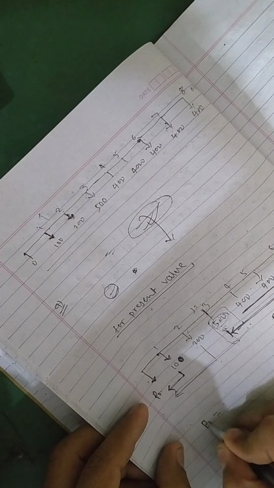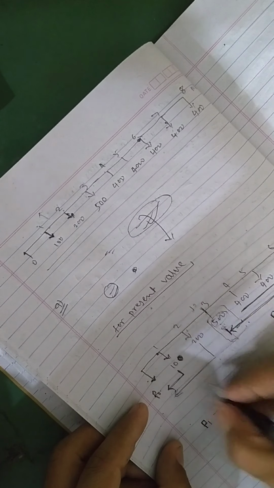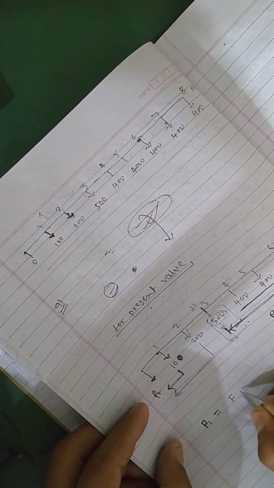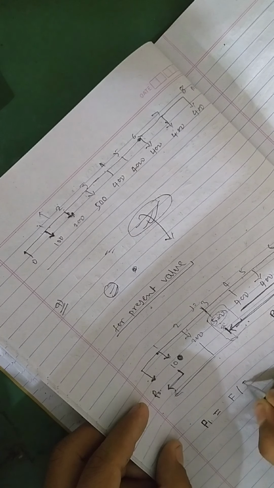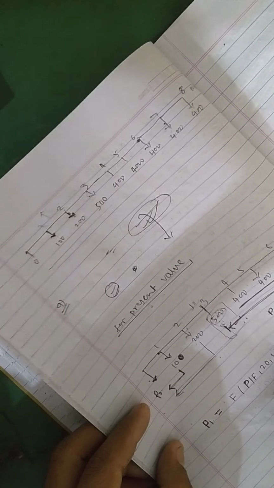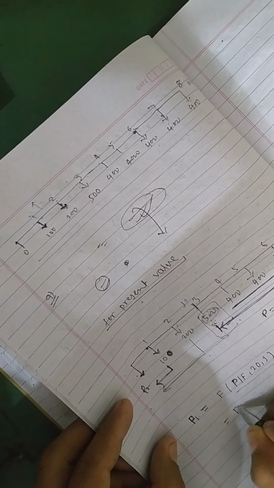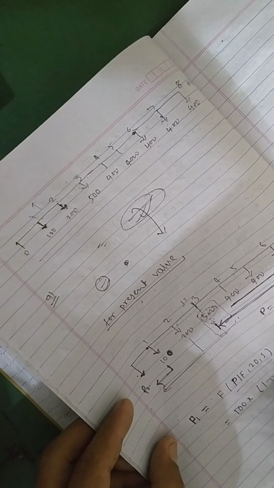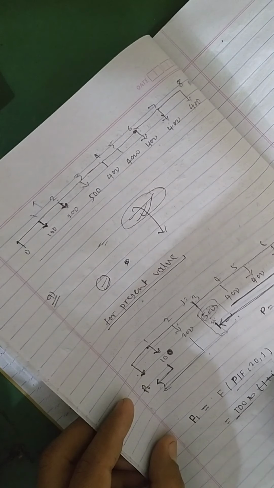F1, P1. P1 is equal to what? Future value is given. I have to find P given future value F, 20%, 1. Okay, this is the factor. F means 100 into the factor.